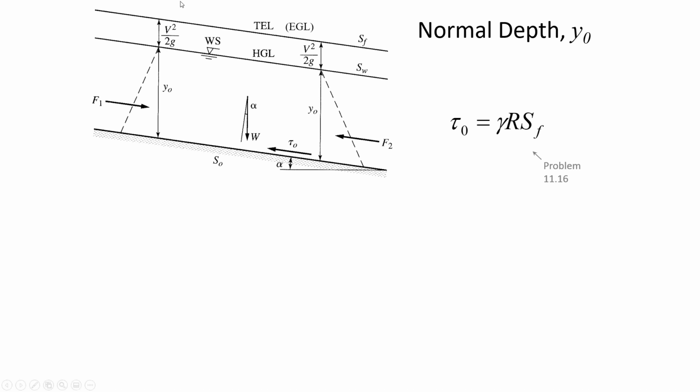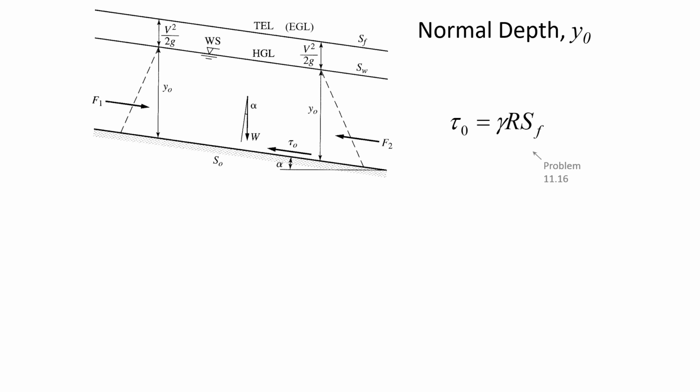All right, so when you have normal depth, you could calculate the magnitude of the shear stress that's being applied by the solid surface to the water. So the reason why the water is in equilibrium and it's not continuing to accelerate as it goes downhill is because a shear stress is applied by the solid surface to the water. It's not infinitely getting faster and faster as the water goes downhill.